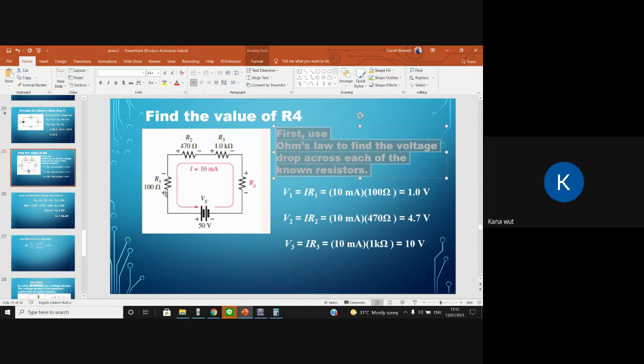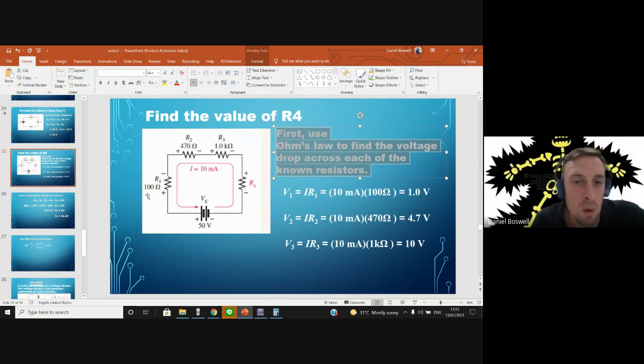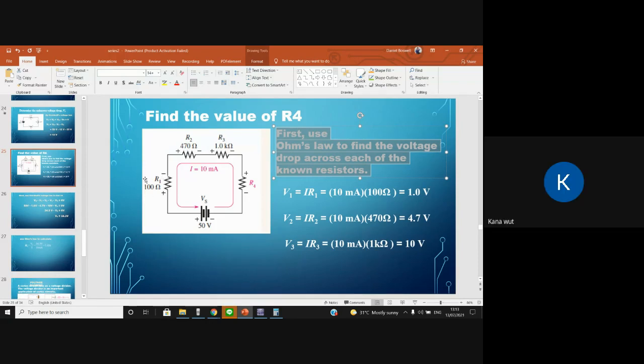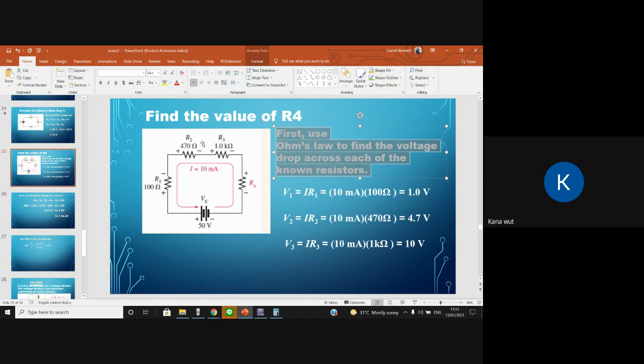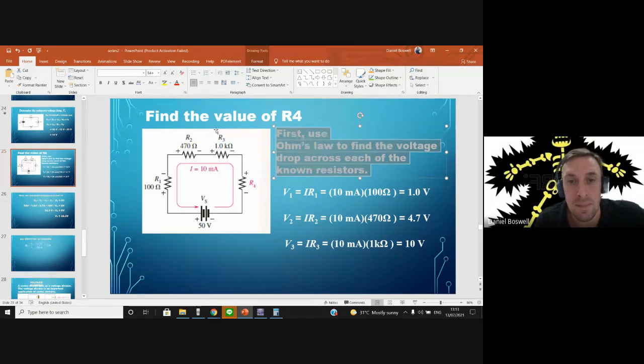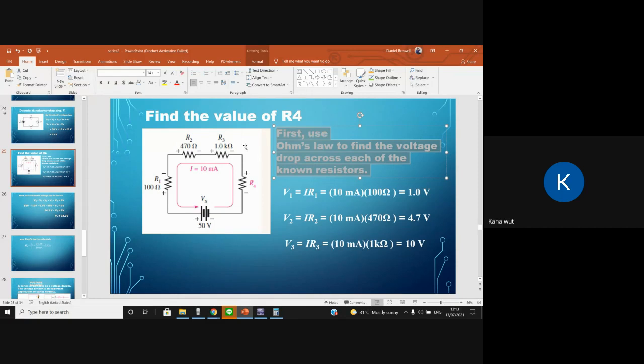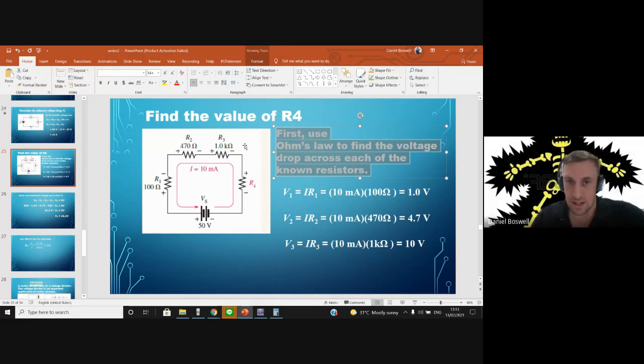Resistor 1. What's our resistance in resistor 1? 100. Good. How about resistor 2? 470. Nice. Resistor 3? 1 kilo ohm. Good. Let's say 1 kilo ohm.